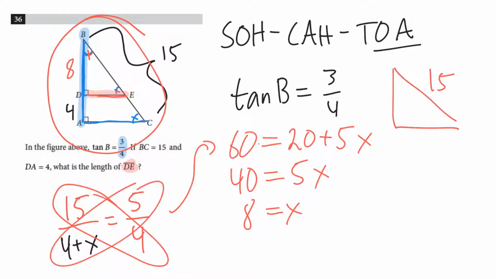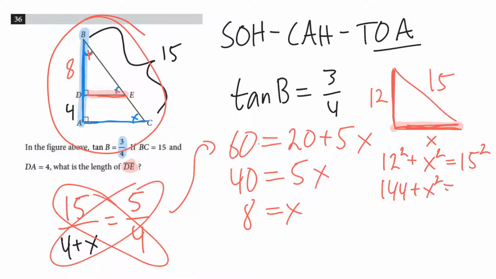So our large triangle is 15 on the hypotenuse and 12 on the long leg. If we could figure out what the base of that triangle is, then we could set up a proportion to calculate the length of DE. So we've got 12 squared, that'd be this side, plus x squared equals 15 squared. 12 squared is 144, and 15 squared is 225.